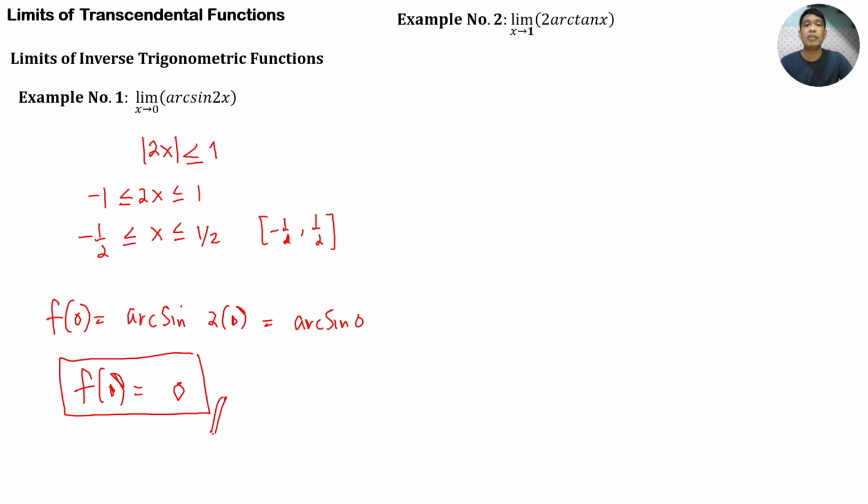So, last, we have limit of twice of arctangent of x as x approaches 1. So, since ang range nito ng tangent is from negative infinity to positive infinity, and since this is arctangent whose the inverse of tangent function, so therefore the domain of this function is a set of all real numbers. So, 1 is part of the domain. So, therefore, we have a limit of 2 arctangent x as x approaches 1 is equal to f of 1.